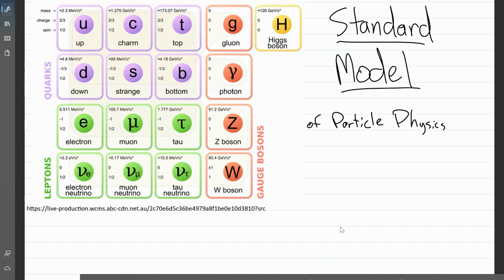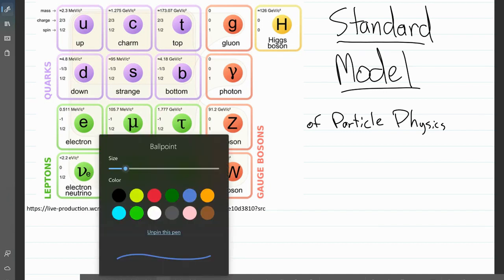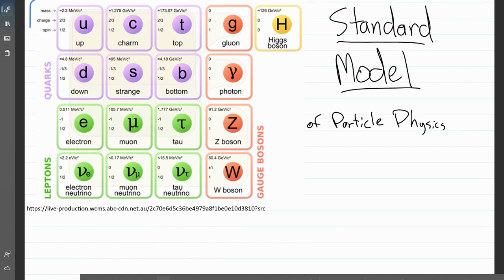I mean, not dark matter, but we just won't even touch on that. But everything of the observable universe, everything that we know, is made of these things on the screen, plus a couple of others that are missing but aren't important for our purposes. Okay, in the top left corner, I don't have purple, so blue will have to do.